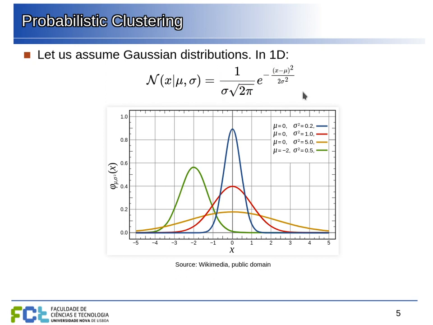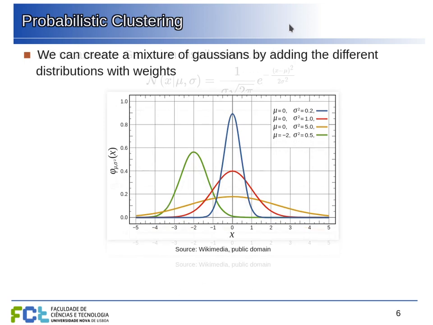So basically, we can create a number of Gaussian distributions, each with its own parameters, and we can assign the points to the different distributions depending on their shape and the probability of coming from those distributions. We can, this way, create a mixture of these curves by adding fractions of the curves together, so that the sum of all of these curves still integrates to 1, so that we can interpret this as probabilities.